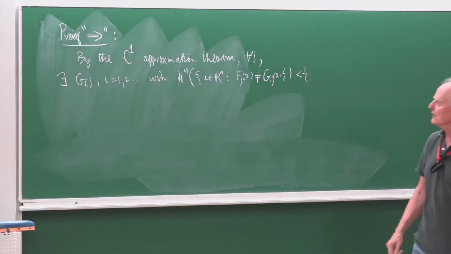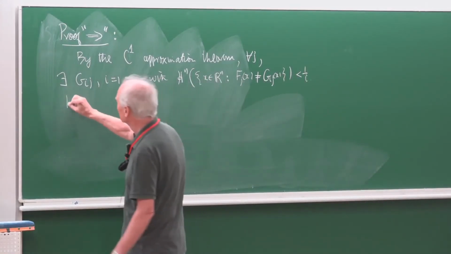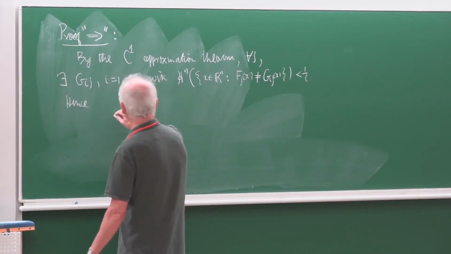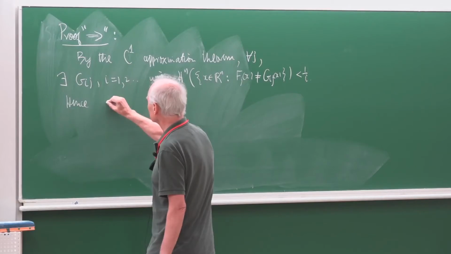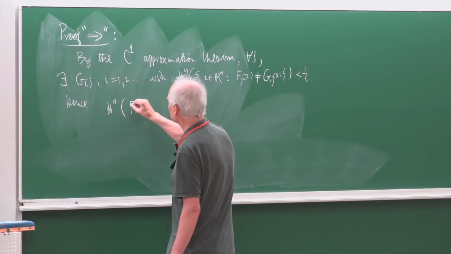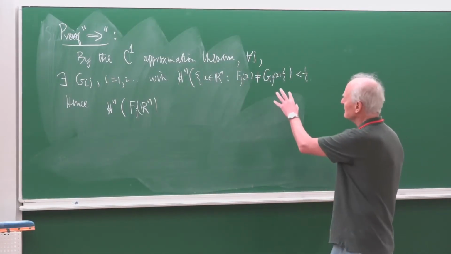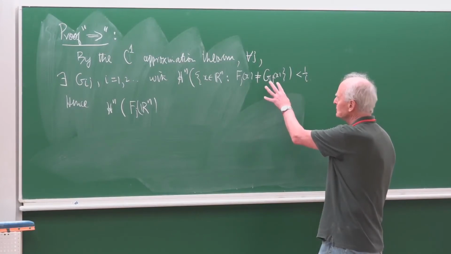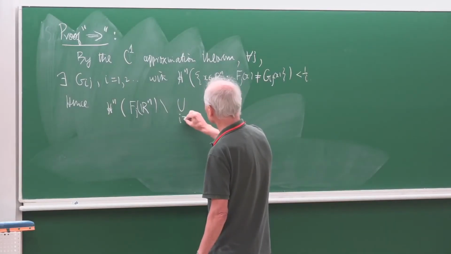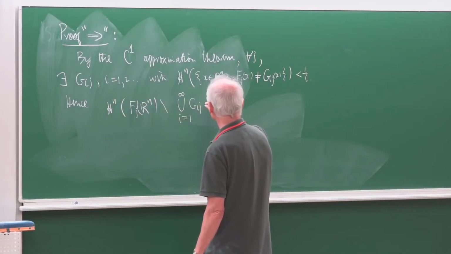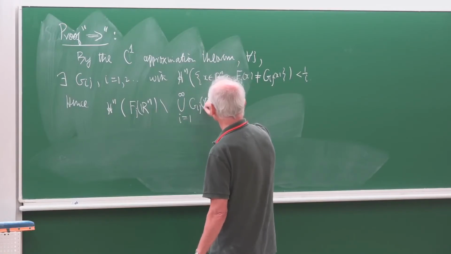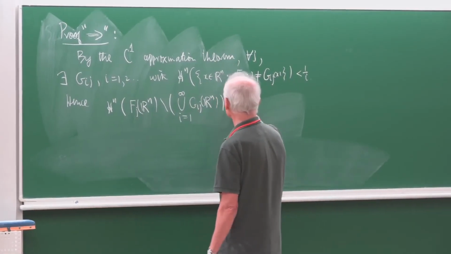Hence Hn of Fj(Rn), the image of the jth Lipschitz map, minus the union over i equals 1 to infinity of Gij(Rn) equals 0. So that's the first step of the proof.